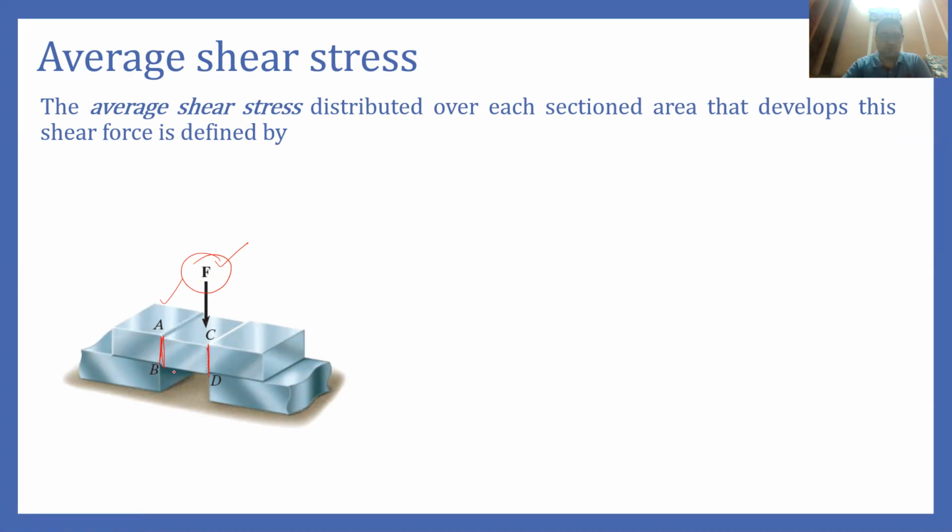So if we draw the free body diagram of this portion, it will look something like this. So at face AB and CD, there will be two forces generated because of the effect of this force, and they will be of equal magnitude. So this force, because it is acting parallel to this surface, will be termed as shear force.